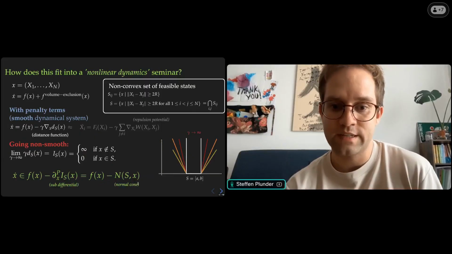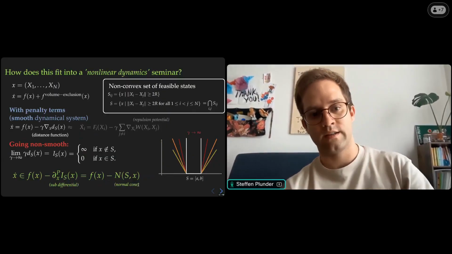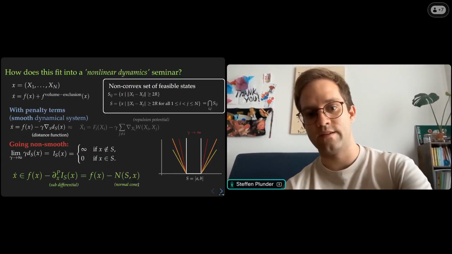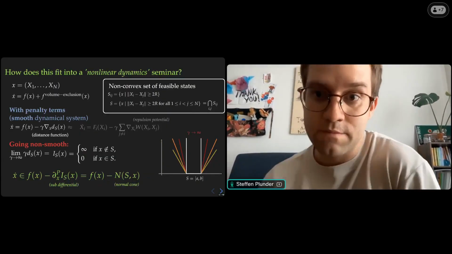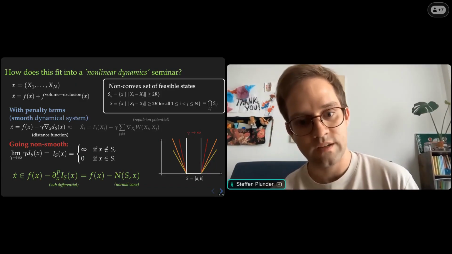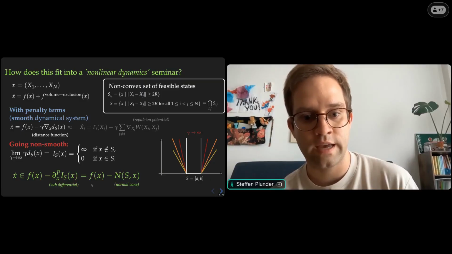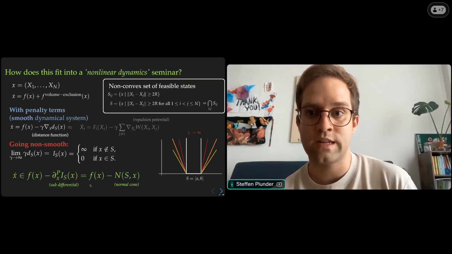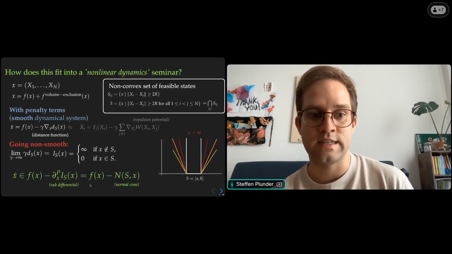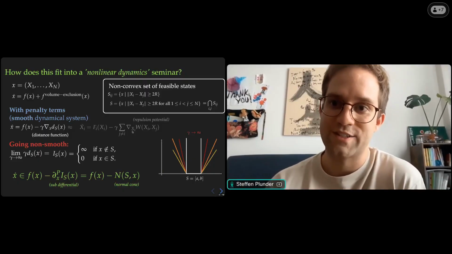The geometric interpretation of this is going to be the normal cone. What is nice about this kind of model is that we don't have any parameter anymore. So gamma is gone. And as I want to show in this talk today, simulating those non-smooth dynamics can be faster and easier in a way than simulating the smooth dynamics, under terms and conditions.